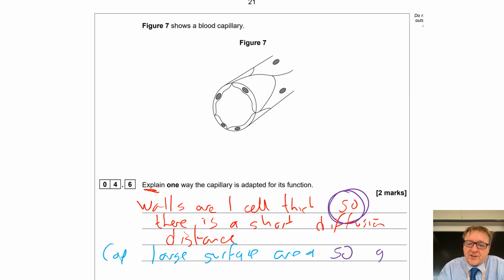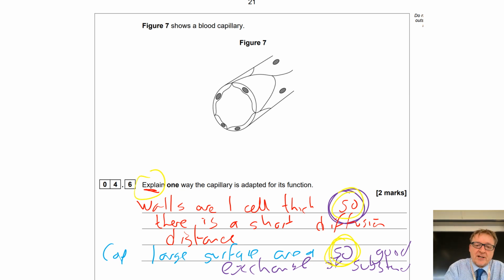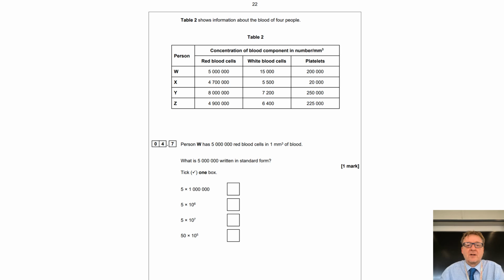So there is a good exchange of substances. So that's how you answer an explain question.